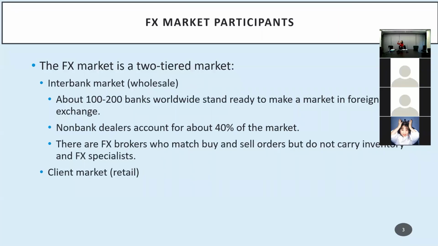The buy price is what we call a bid price, and that's the price that the bank is buying the currency at, and the sell price is the ask price, which is the price that they sell the currency at. You will also notice that normally the ask price is higher than the bid price, and the bank earns the spread in between, which is the bid-ask spread.